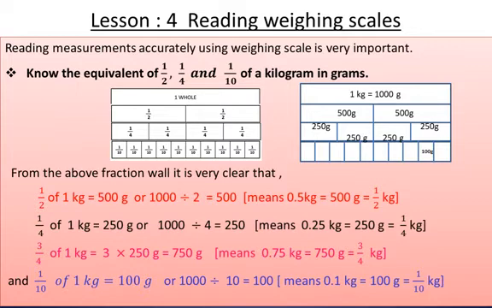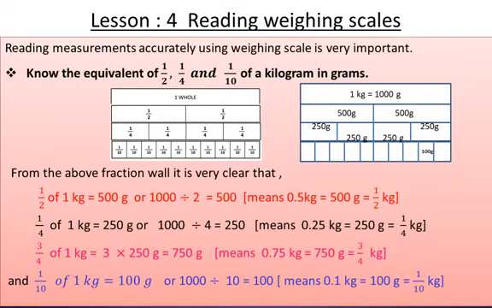Now, 1 by 10 of 1 kilogram. What is 1 by 10 of 1 kilogram? See the fraction wall. The last one I have divided into 10 equal parts and each part is called 1/10. So what is 1/10 of 1000? We can find it by dividing 1000 by 10, the method of using the fraction of an amount.